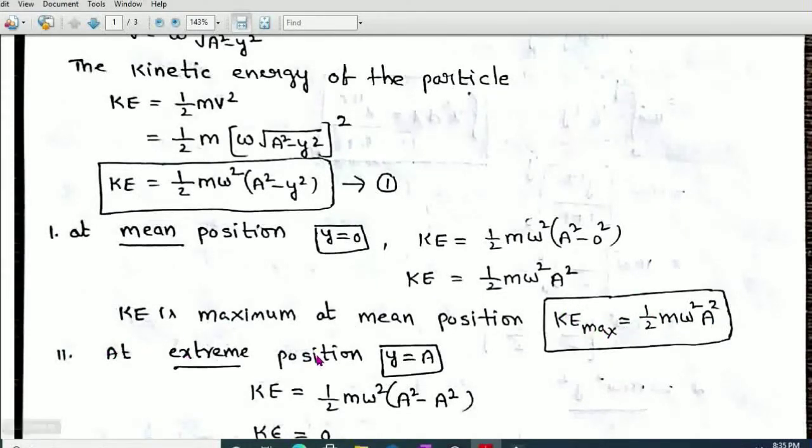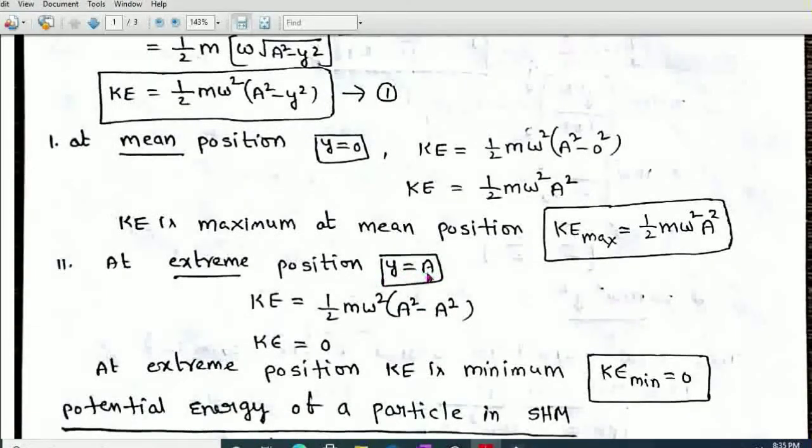Now at the extreme position the displacement is maximum, so the displacement y is equal to A. The maximum displacement from the mean position is called the amplitude. If you substitute y = A in the first equation, the kinetic energy is ½mω²(A² − A²). A² − A² gives 0, so the kinetic energy is equal to 0.